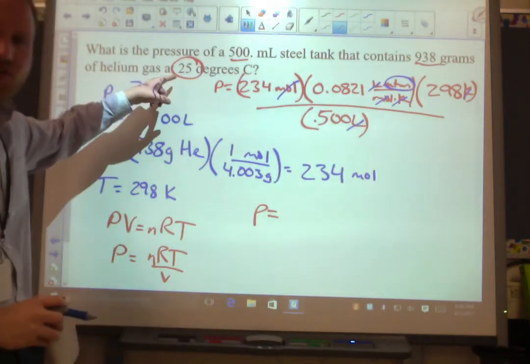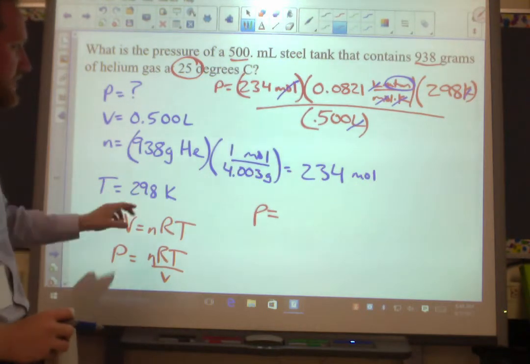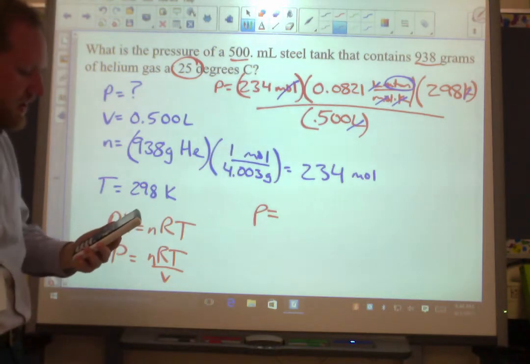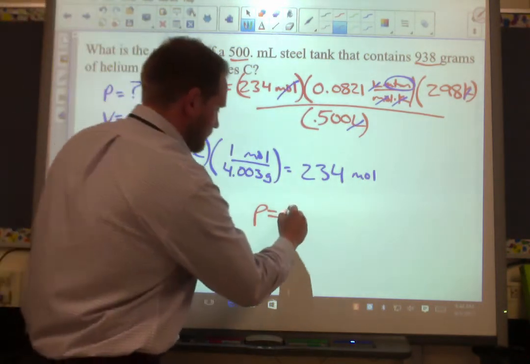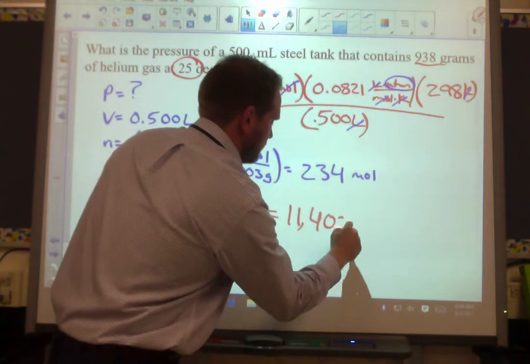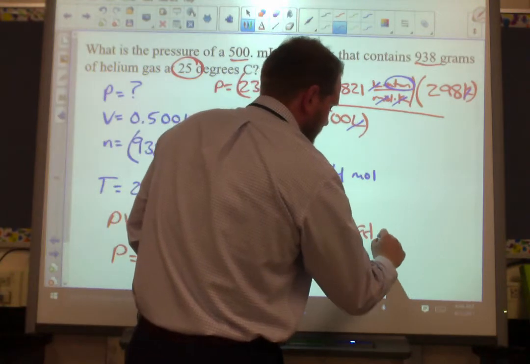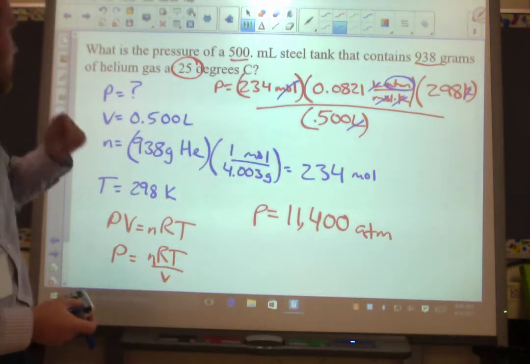Well, did we actually use 25? No, 25 correlates with 298, which is 3 sig figs. So don't cut yourself off to 2 because of that. This is going to be 3 sig figs. I'm going to call it 11,400. And my unit for pressure is atm. Yeah, is that realistic? No, but it's just the numbers I came up with. Okay, 11,400.